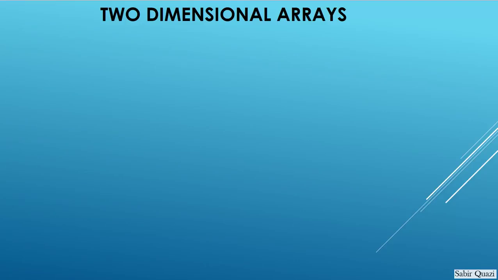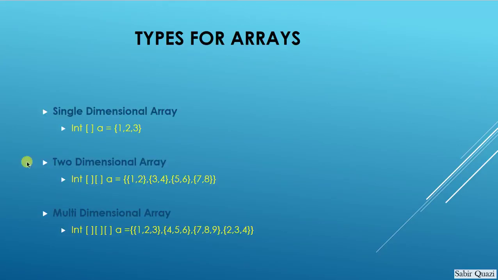We have already seen a single-dimensional array, which holds single values. Here we can see int a[] equals, in curly braces, 1, 2, 3. These are single values in a single-dimensional array.